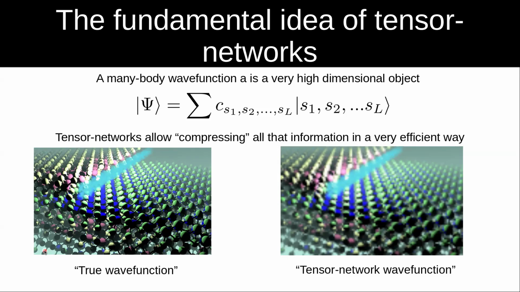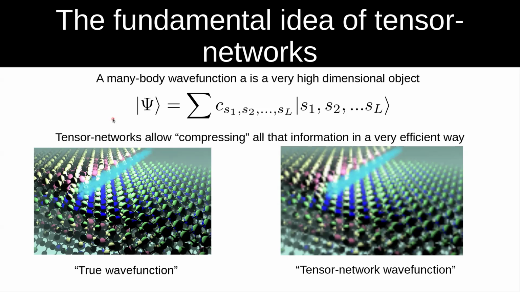Well, the most important point is that if you want to solve the many-body Hamiltonian, the first thing that you need is to be able to store the many-body wave function. The second step would be to be able to find the many-body wave function, but perhaps the most important step is to actually store it.